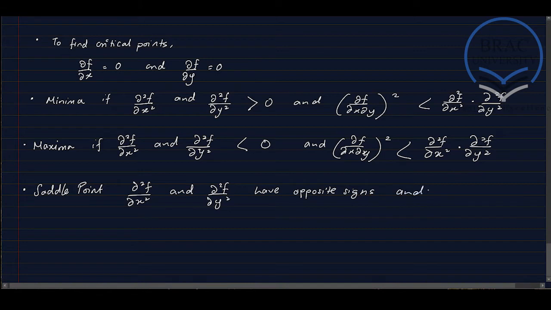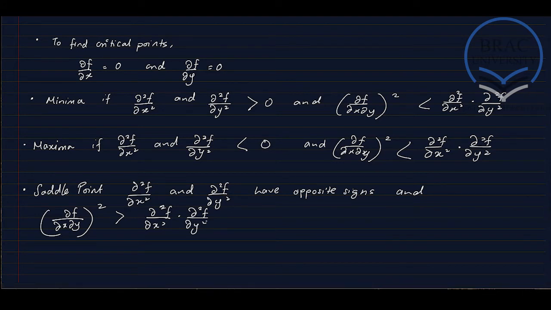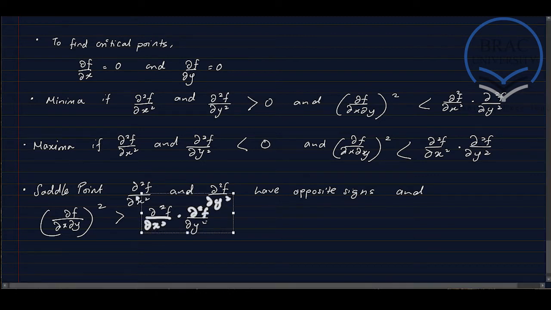And also d squared f by dx dy, whole squared, is greater than the multiplication of d squared f by dx squared with d squared f by dy squared. These are the conditions that we have to look for to analyze the behavior of the critical points.